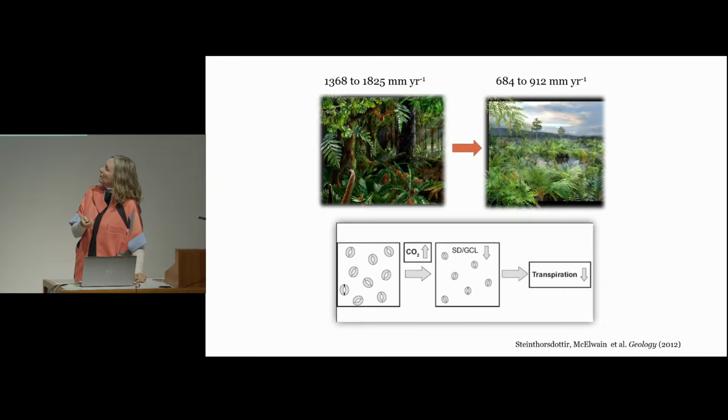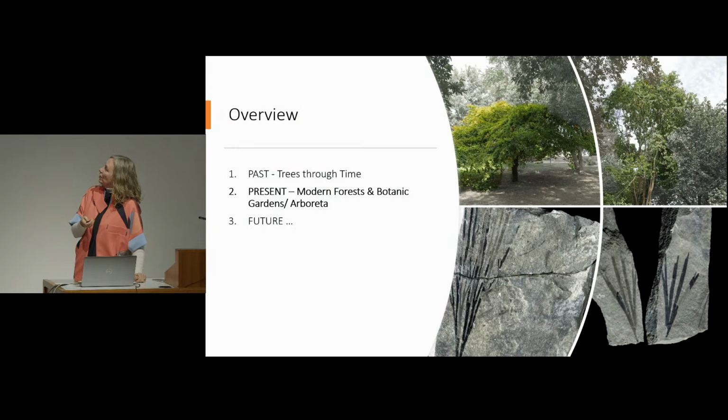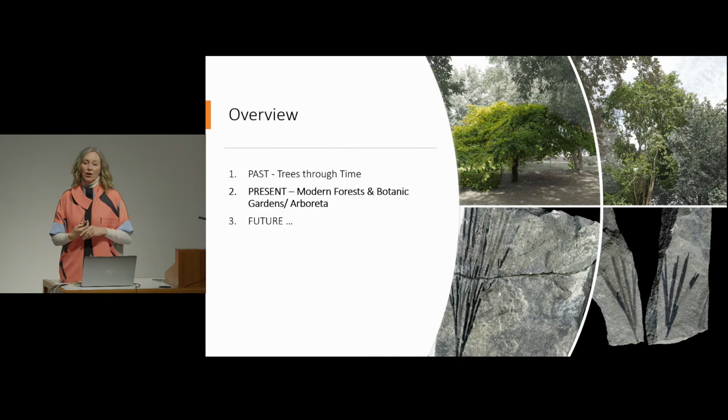I'm going to skip this because I've gone on a little bit too long. So I'm going to finish very briefly with the present and come up to the modern day. And here, I mean, this talk series is led by Botanic Gardens, and although it's a paleobotanical talk series, I want to stress the point that Botanic Gardens are in a perfect position to ask questions about how plants will respond to climate change.